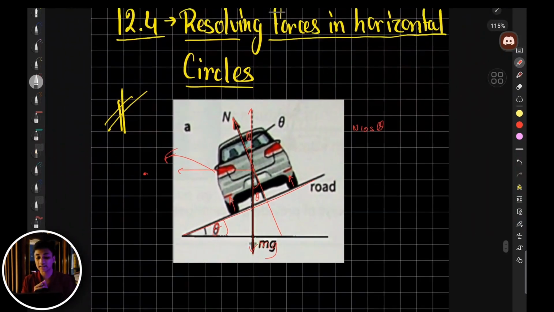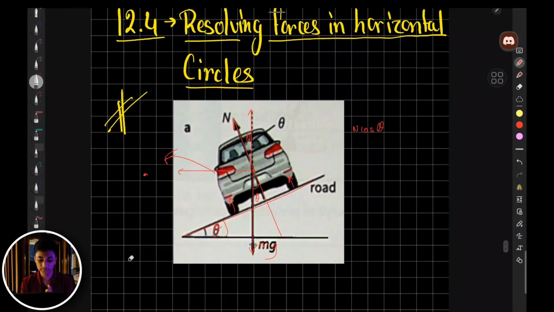Remember that the first thing that you should be doing for circular motion problems is find the center of the circle. In this case, the center is not over here. It's going to be over here. So the direction for centripetal force is not going to be down over here.